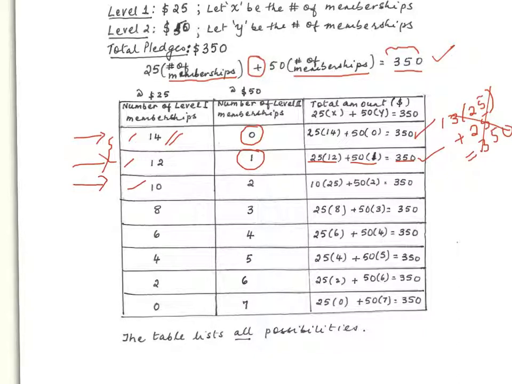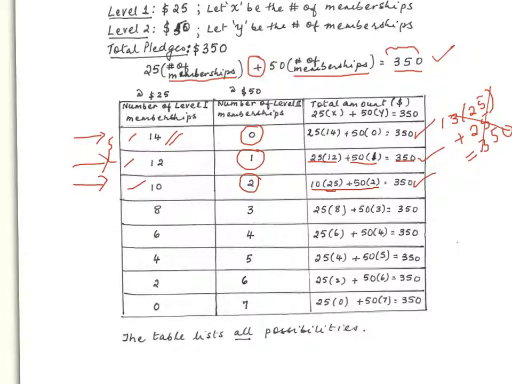So 10 times 25 is 250, and that leaves us a balance of $100. And with $100, we can only buy 2 level 2 memberships. So the total would be 10 times 25 plus 50 times 2 equals 350, and that works out to the total that we need, $350.